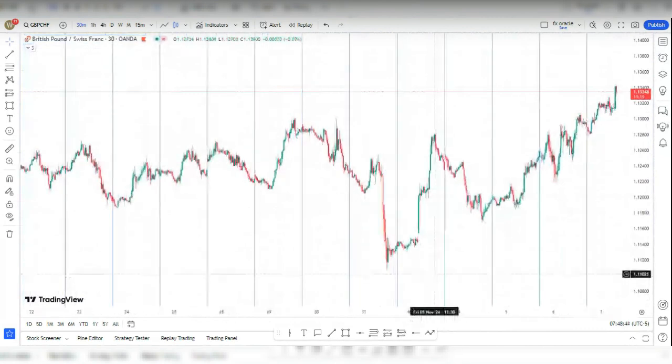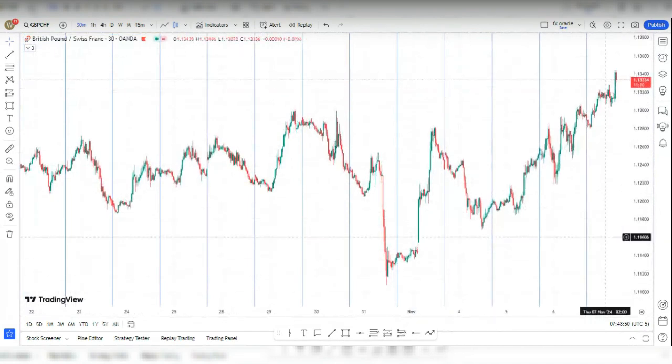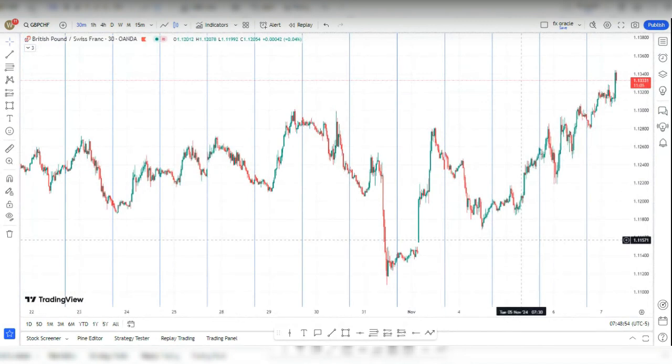So I advise always wait for a candle to close before you take a trade. And also, if you're anticipating a bullish move or a bearish move, wait for it to go below the opening price or go above the opening price before you get confirmation for a sell or a buy, depending on the market condition or what you see and what you want to do.